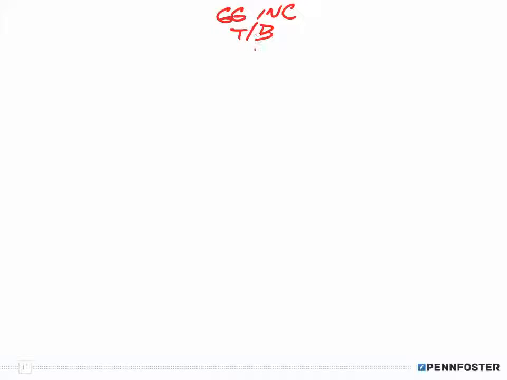If this was a requirement for an exam, I would have written out Going Green, comma, Inc. period, and then the words trial balance, because I'm giving this information to somebody else. It's dated December 31, 2014, and I would have written out December.